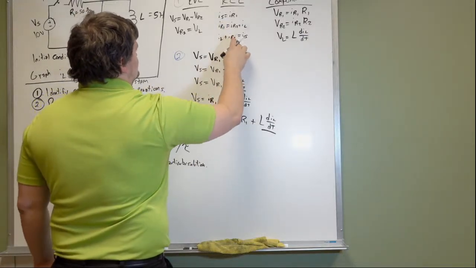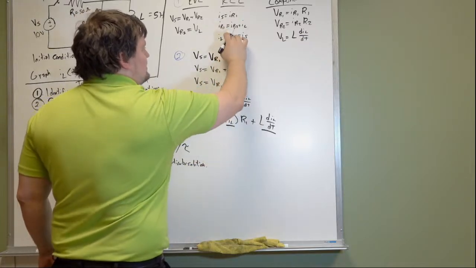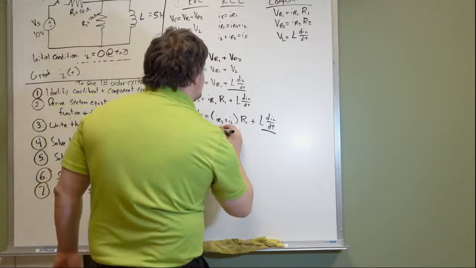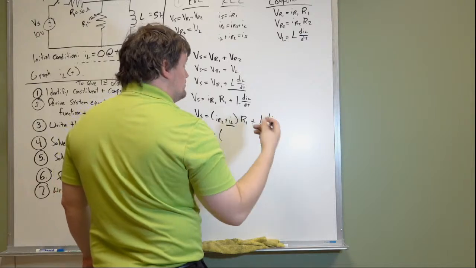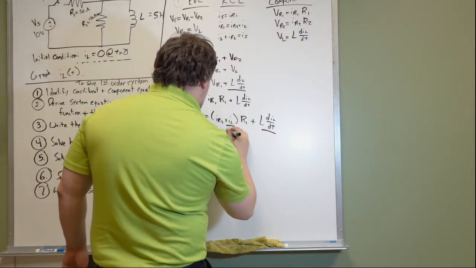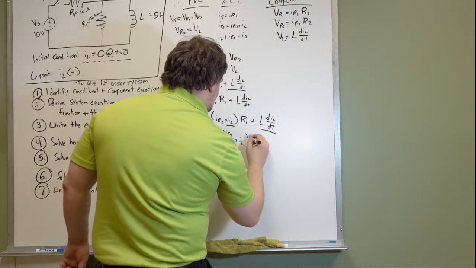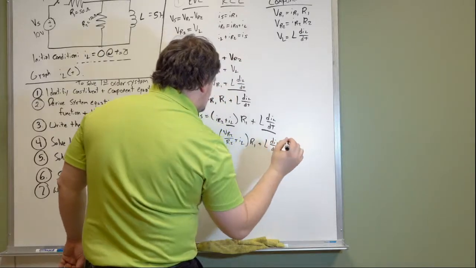This would be taking a step backwards because we just used that equation. But we also have that one right there. If we solve for IR2, it's equal to VR2 divided by R2. So VS is equal to VR2 over R2 plus IL times R1 plus L dIL/dt.